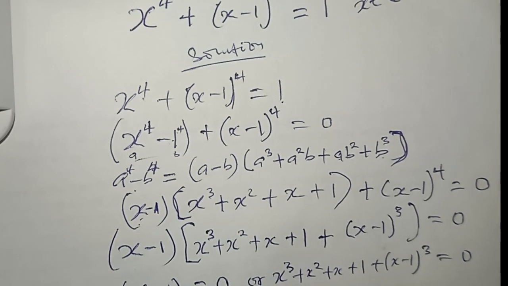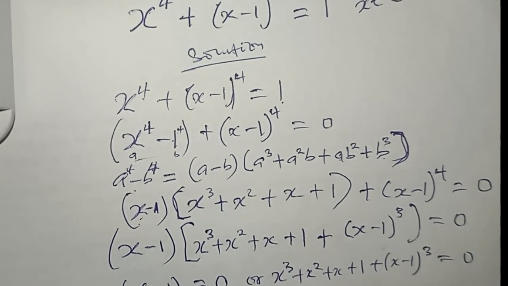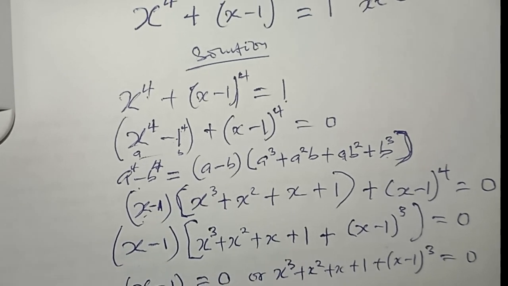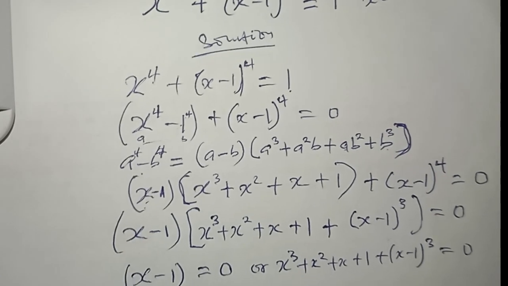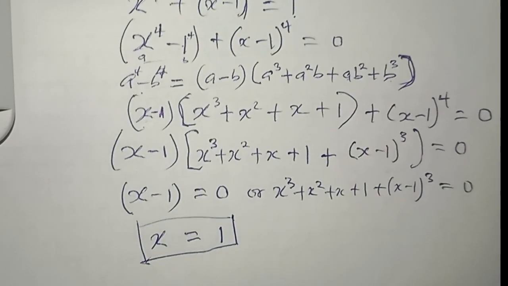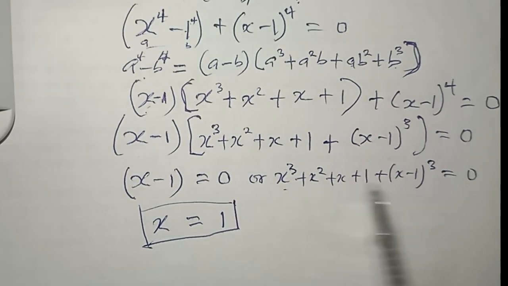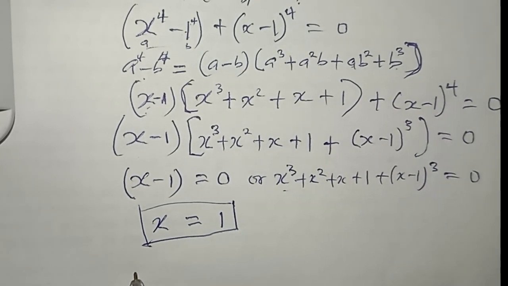So from here, I can have that my x is equal to 1. This is going to be the first solution of that equation. So x is equal to 1 is the first solution, and then we proceed to solve this other one to get the remaining solutions.